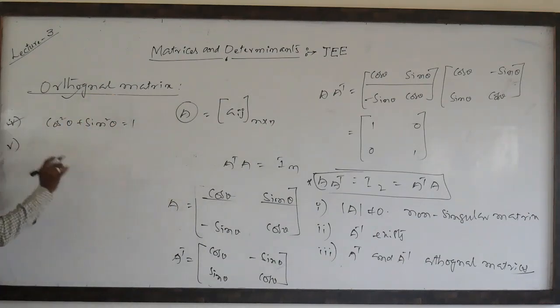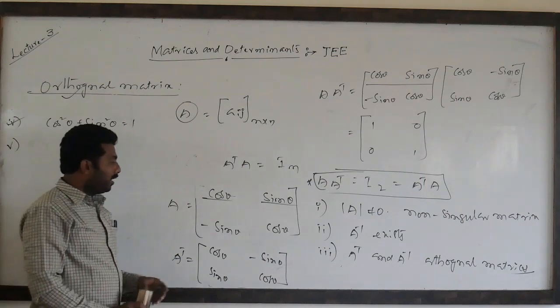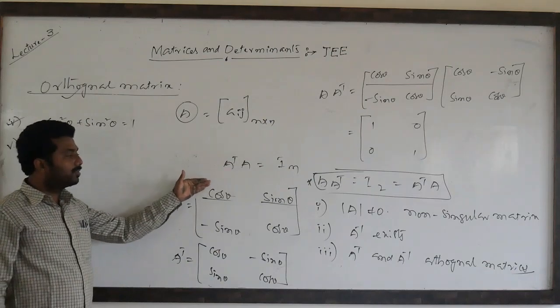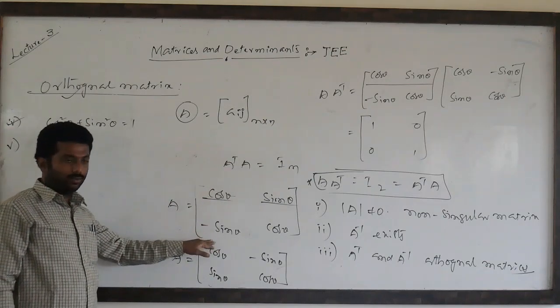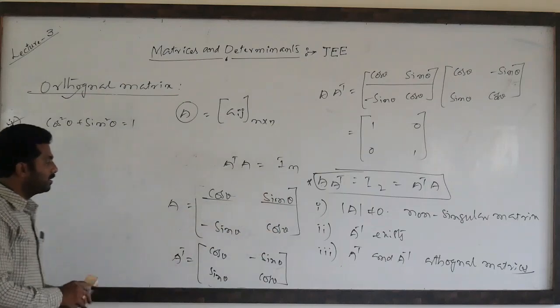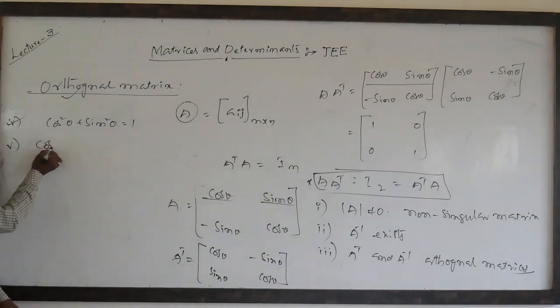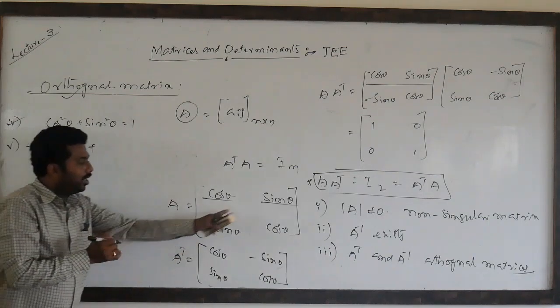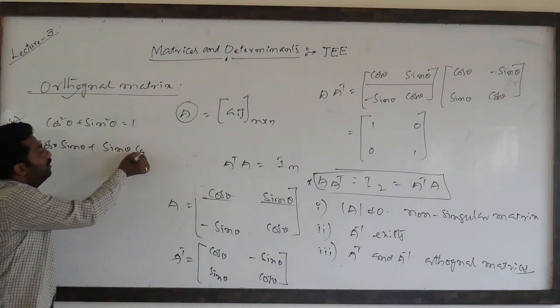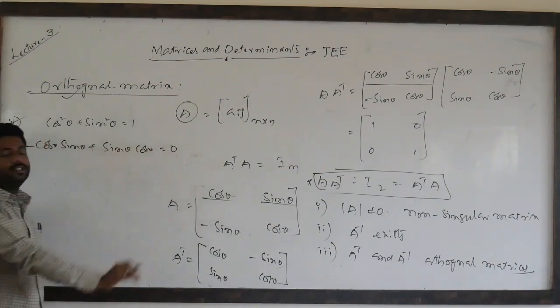Next, the sum of the product of any row with the corresponding cofactors of another row. Cos theta, minus sin theta; sin theta, plus cos theta. See here, cos theta into sin theta plus, minus sin theta into cos theta. It is always 0.